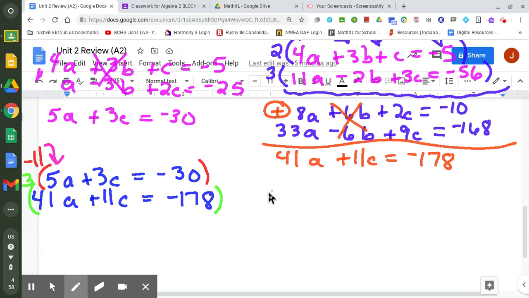5a. So that gives me negative 55a. And then negative 11 times positive 3c, negative 33c. Negative 11 times negative 30. So in your calculator, you can just double check. Negative 11 times negative 30 should give you 330.